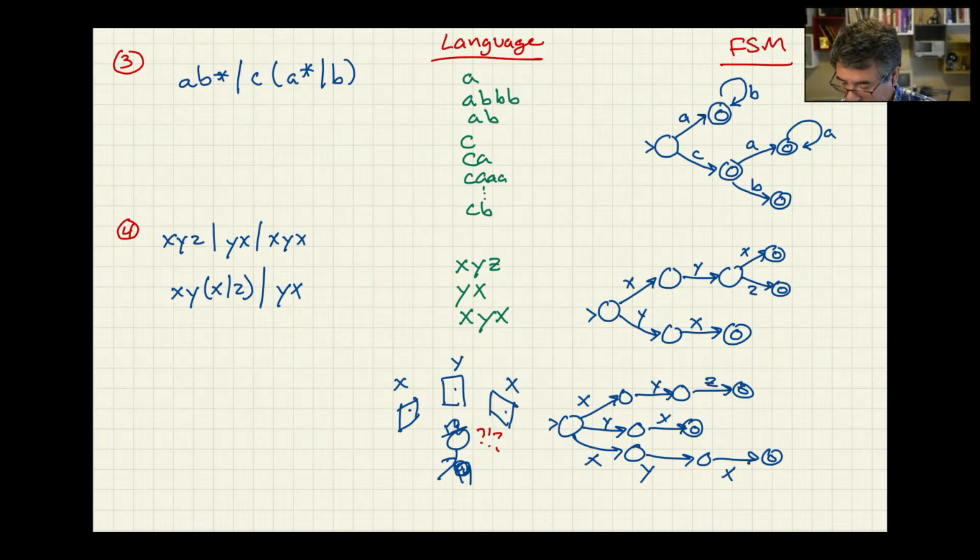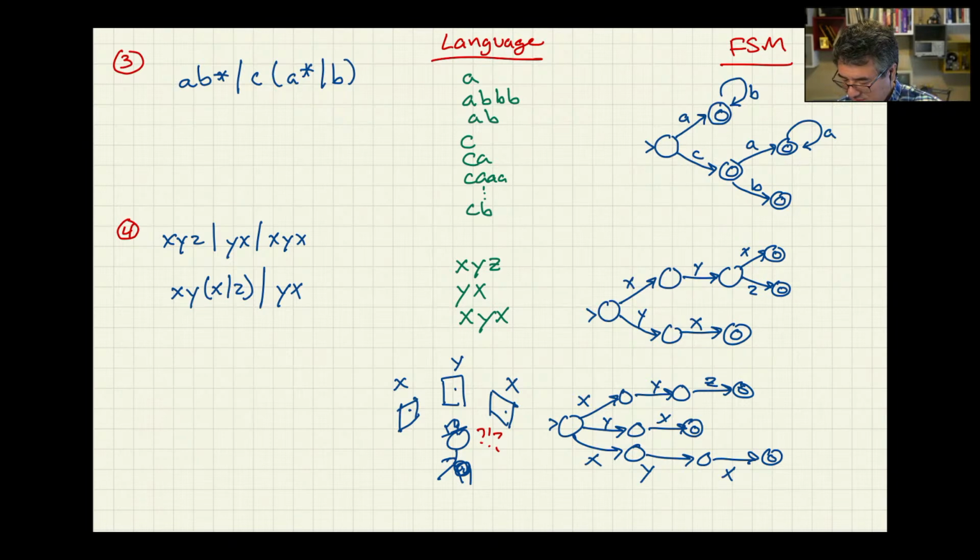How can we go from a finite state machine with ambiguity in it to one that doesn't have ambiguity in it? And that's going to be the subject of the next week or so in this course: how do we just blindly make a finite state machine from a regular expression and then transform that into something that doesn't have any ambiguities in it?